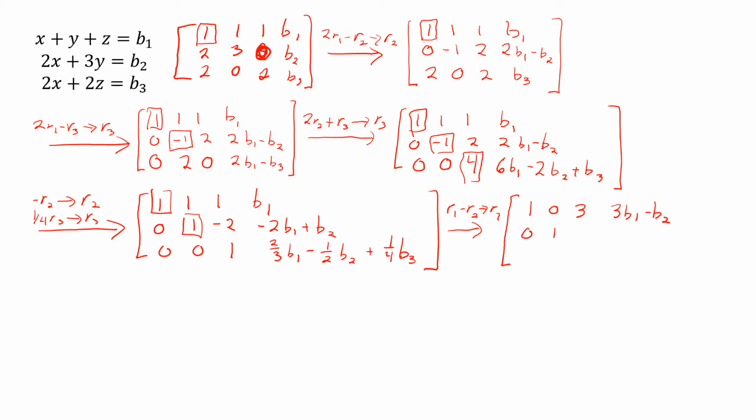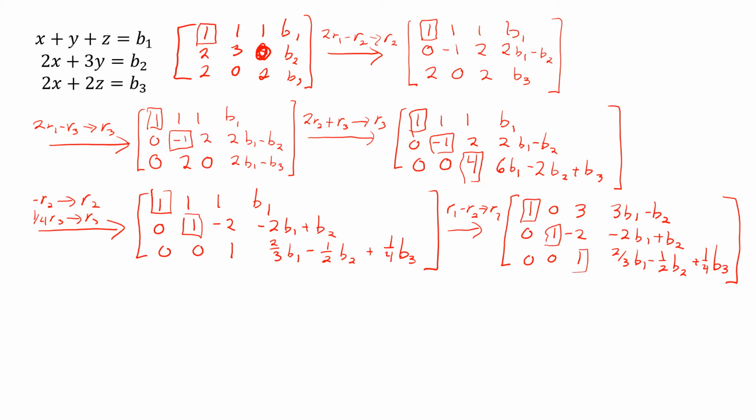You get 0, 1, negative 2, and negative 2b1 plus b2. And the third one stays the same as well. 2/3 b1 minus 1/2 b2 plus 1/4 b3. All right, so we've taken care of our first two pivot points.